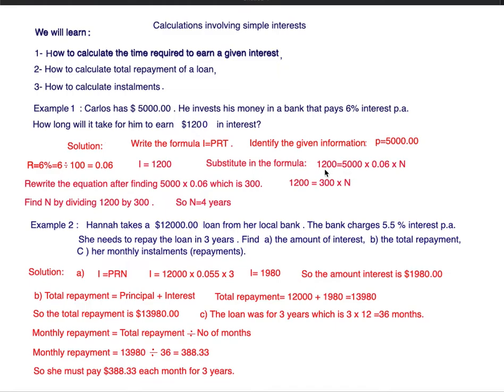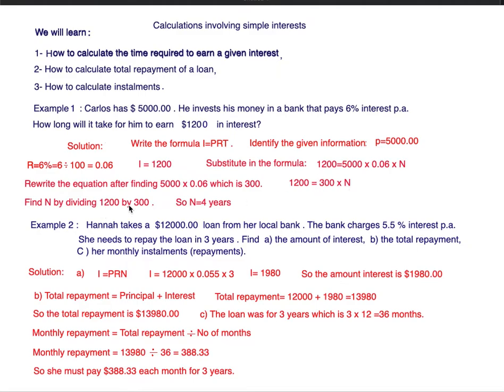Okay, now all we do is solve this equation. The first step is to multiply these two numbers together. 5,000 times 0.06 gives us 300. So the equation can be rewritten as 1,200 equals 300 times N. To solve this, you divide 1,200 by the coefficient of N, which is 300.